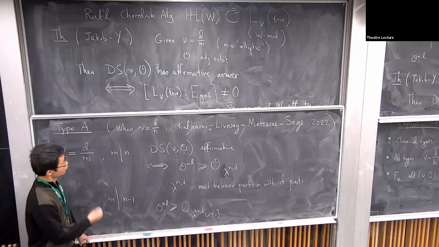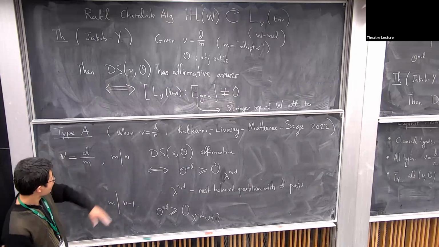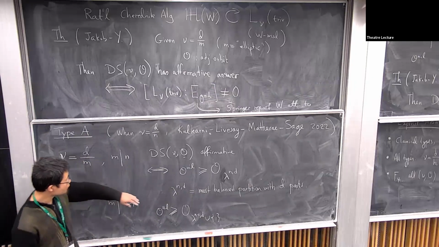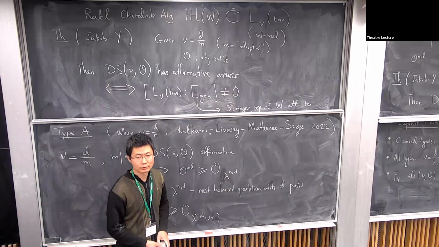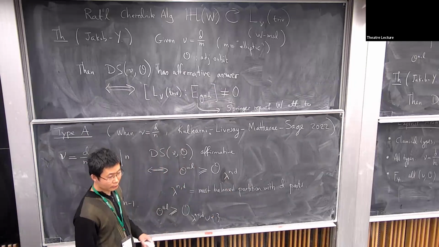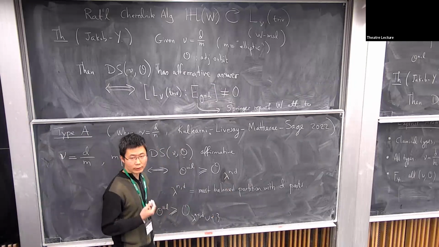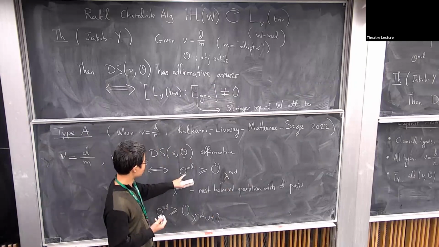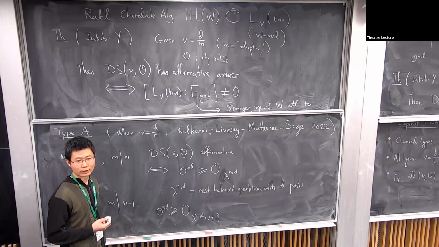I'm not going to copy all the answers here. You can see from the paper all the classical types are computed. And the answer always involves these most balanced partitions. The answer is always greater than or equal to something. So that's another feature: there's always a unique minimal nilpotent orbit such that the Deligne-Simpson problem has an affirmative answer.